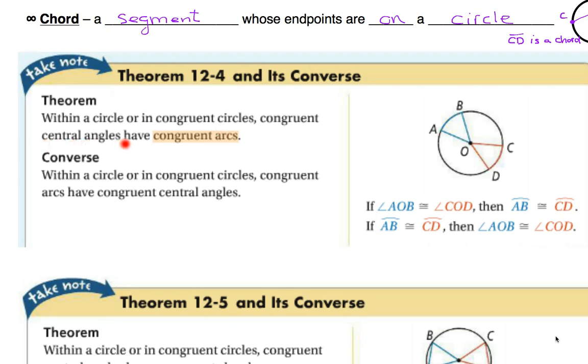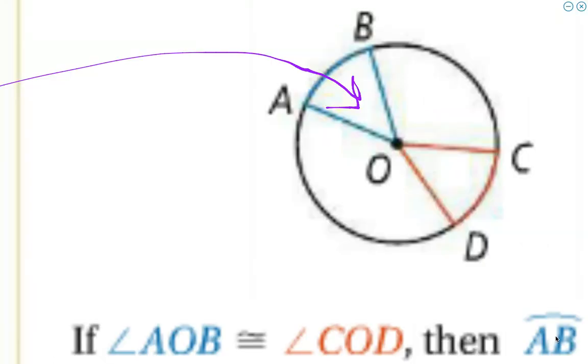Since we did skip ahead a little bit, that word central angles: that's a central angle. It comes from the center of the circle and its sides extend out and they are both radii, so they are congruent.